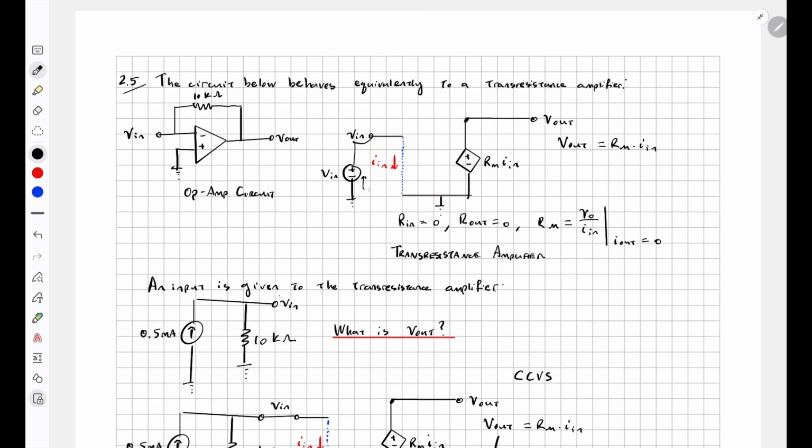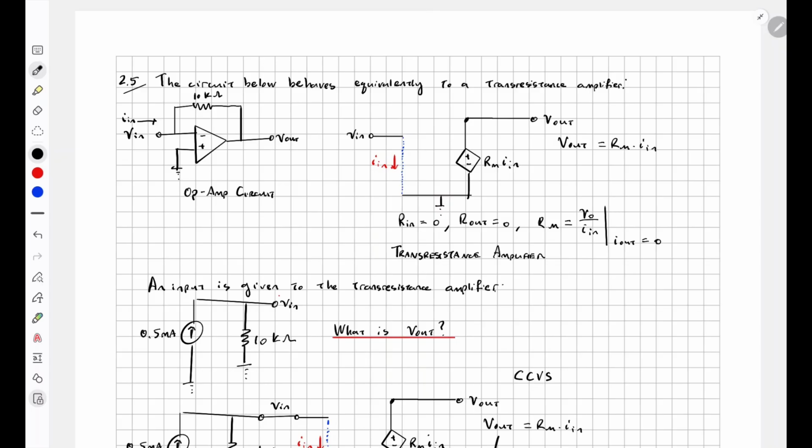I can also measure this In, and I can say that Rin is equal to Vin divided by In. Now we are told that Rin is equal to 0. So because Rin is equal to 0, we don't have to worry about this translation from Vin to In. Likewise here, there's no input resistance, so we don't have to worry about the translation from Vin to In.